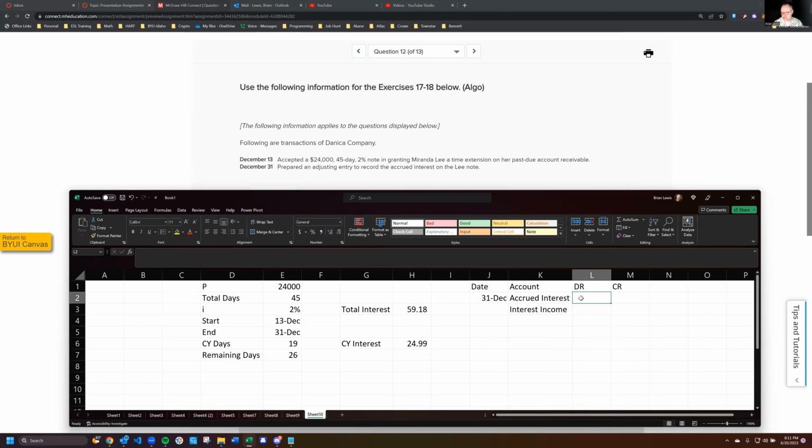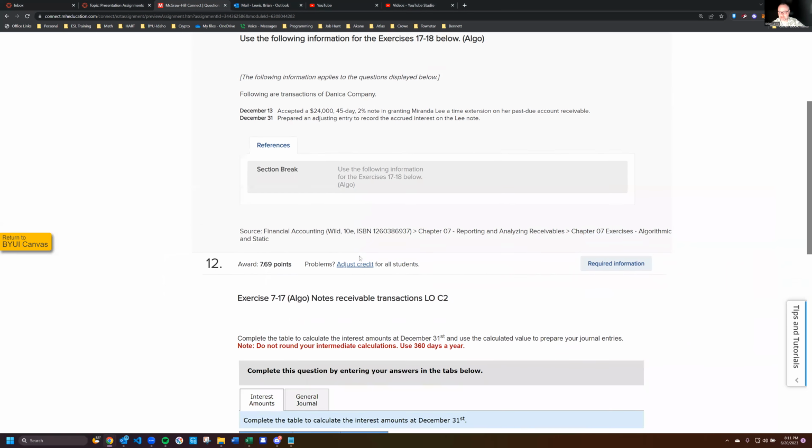Okay, and that's going to be $24.99 and $24.99. Now let's see if any of these assumptions I got right, whether it's the 365 assumption or the +1 assumption. We'll find out pretty easy.